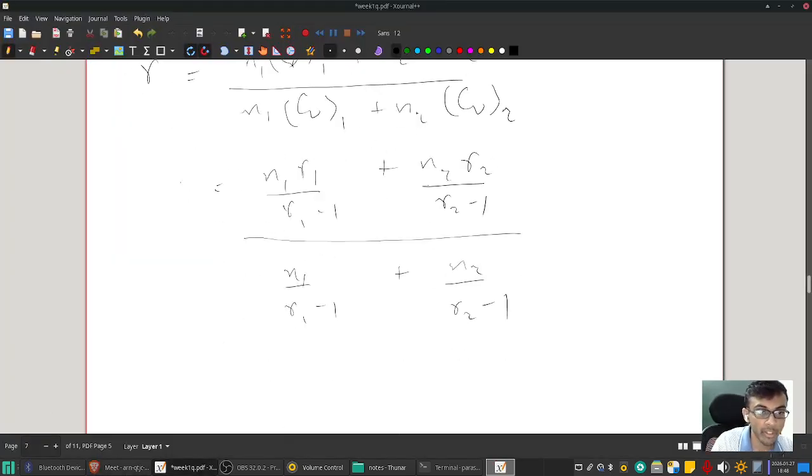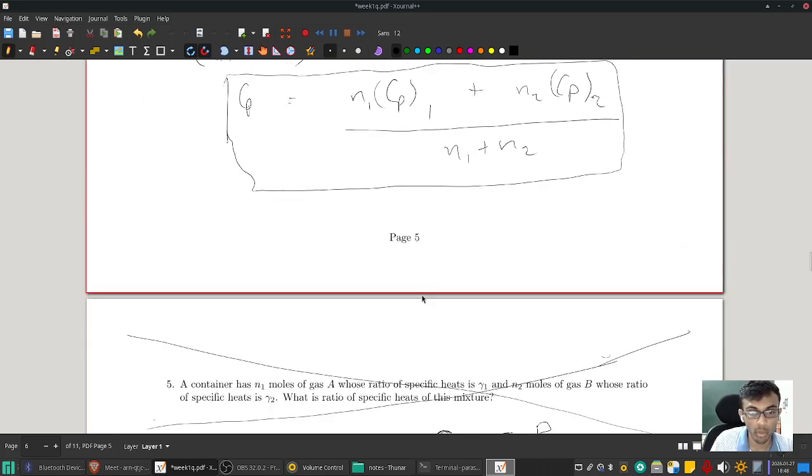Yeah, so finally we managed to express the ratio of specific heats in terms of the given quantities.